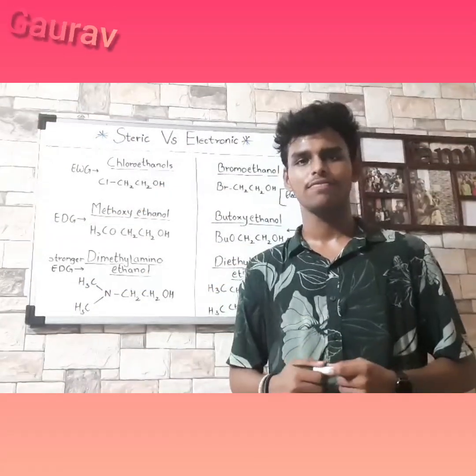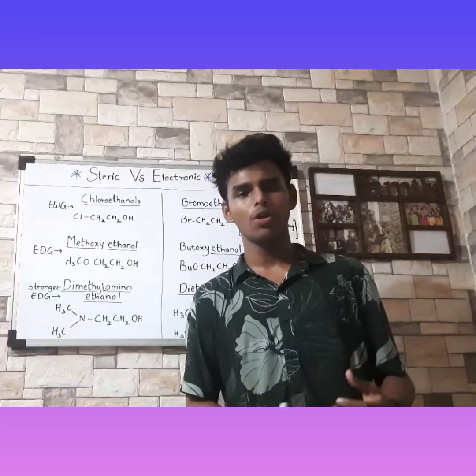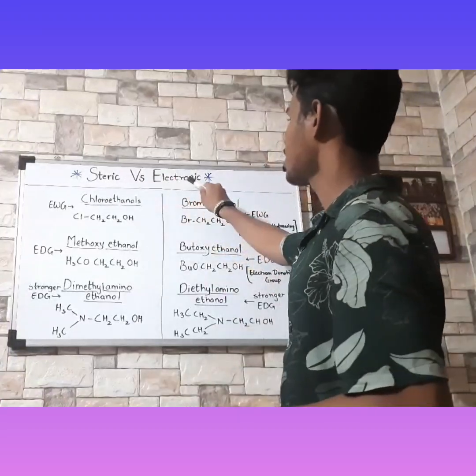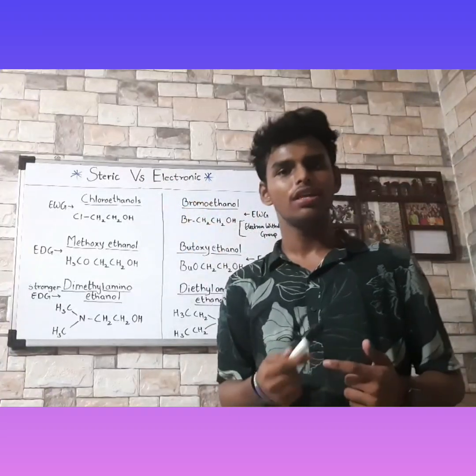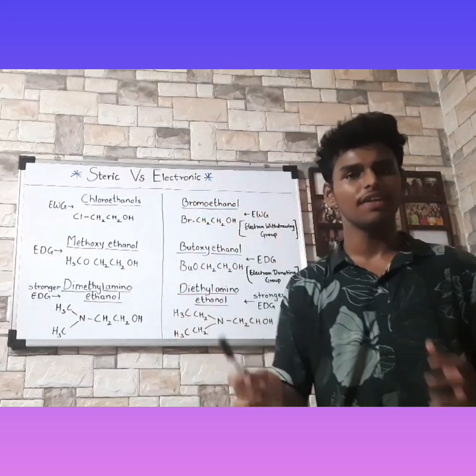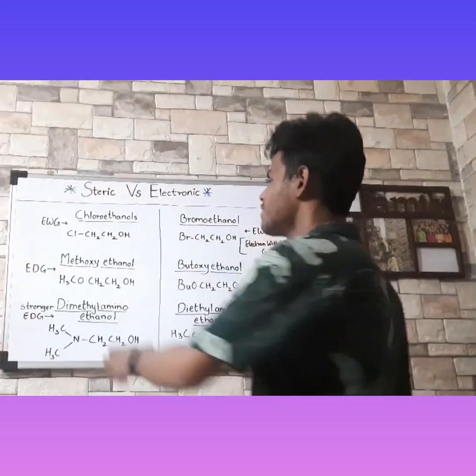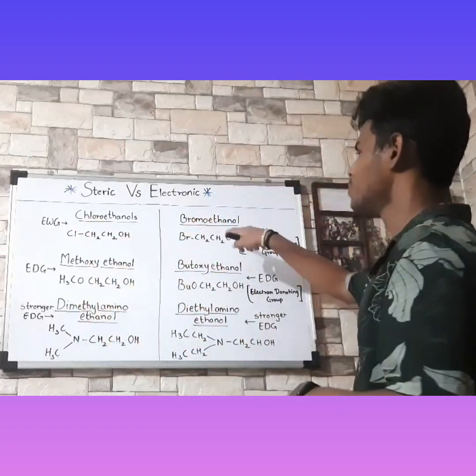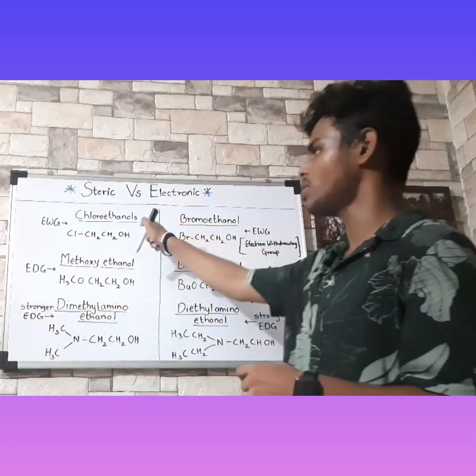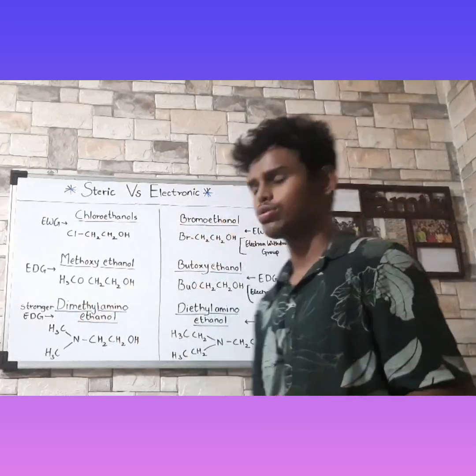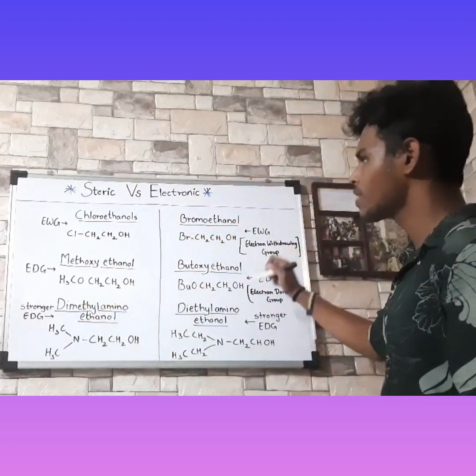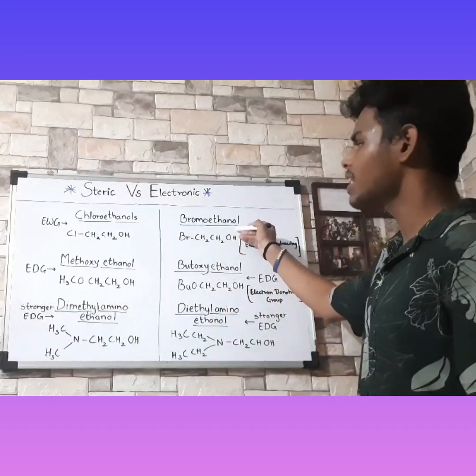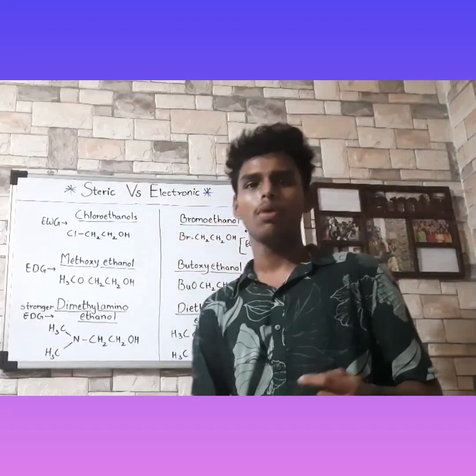Hi, I'm Gaurav. So I'm going to talk about the steric versus electronic factors about the substituted ethanols which were used in Ankur's scientific work. Here we have one group of ethanols and another group of ethanols where we have bromoethanol and chloroethanols. Both are EWGs, also known as electron withdrawing group. Here bromoethanol is sterically more hindered than chloroethanol because the size of bromine is greater than chlorine.